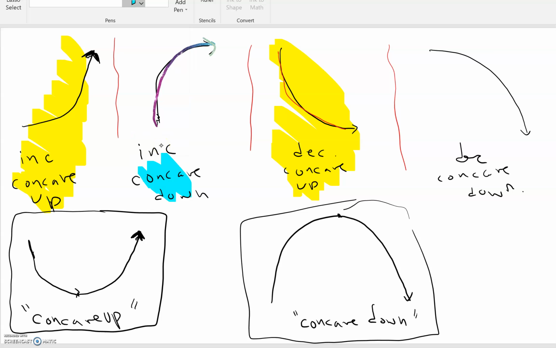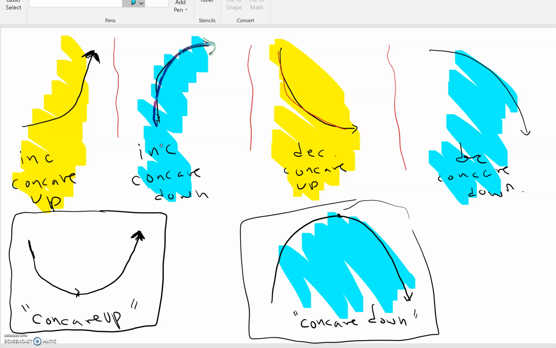Increasing concave down, decreasing concave down, general concave down. But remember, when you're looking at concave down, you could have increasing concave down or decreasing concave down, or maybe it does both, in which case, notice what happens if you glue the increasing and decreasing pieces together: you get a max or a min, right?